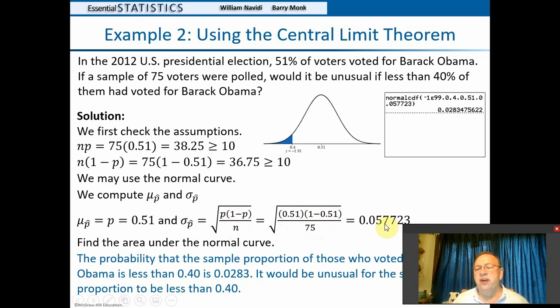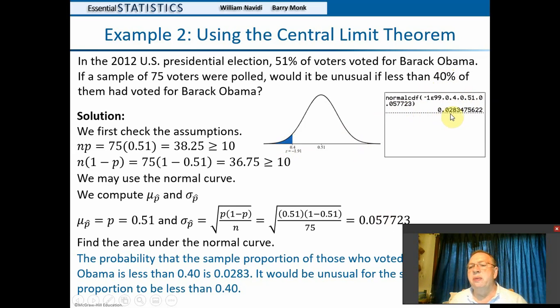That would be 0.057723, and I'm saying less than 0.4. So here is from negative 10 to the 99th, all the way out here in the tail, up to 0.4. I'm asking, would it be unusual for 40% or less, 0.4? Here's the mean of the sampling proportion and the standard error of the sampling proportion that we just calculated.